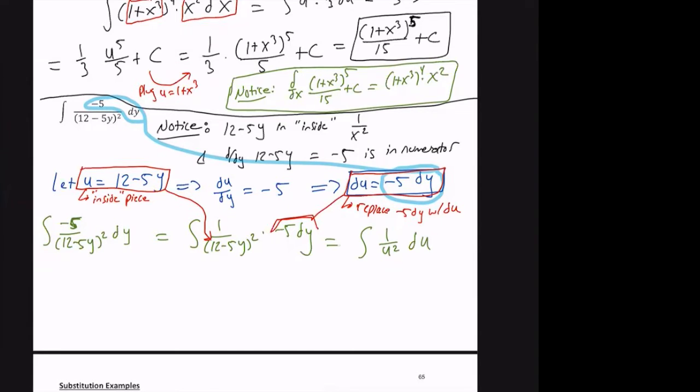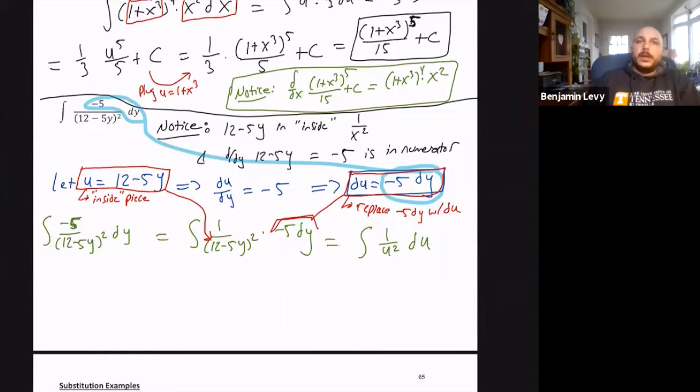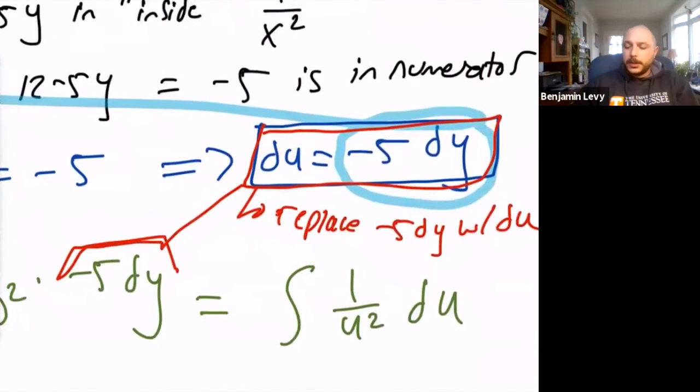So when you say plug the du equals -5 dy over here, so would this -5 dy just turn into a du? We wouldn't have to write anything no more? That's right. Yep. It took me a long time to sort of realize these things practically. When you write something down that says du equals -5 dy, you're saying those two things are equivalent.